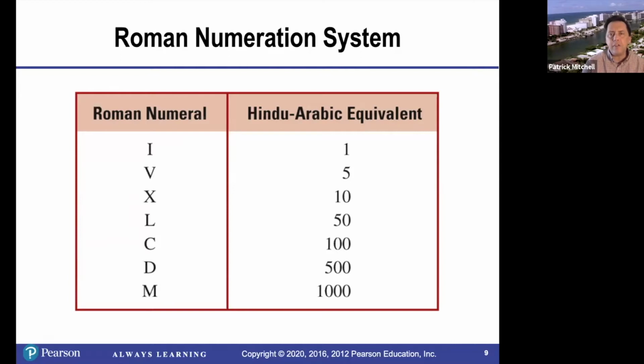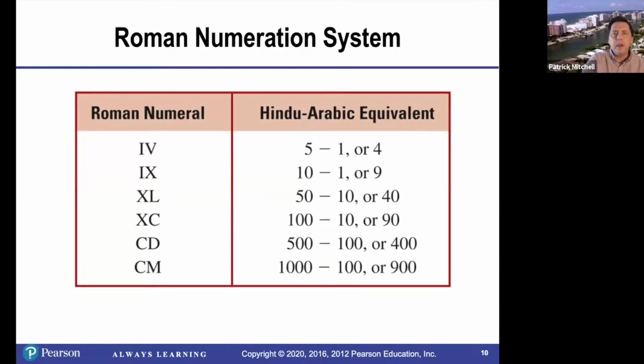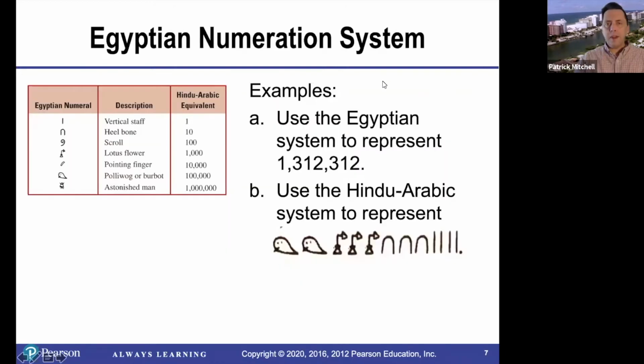So there was an understanding that writing the I before the V represented subtraction. All right, and here you see more examples of the positional usage, putting a smaller number before a bigger number to represent subtraction.